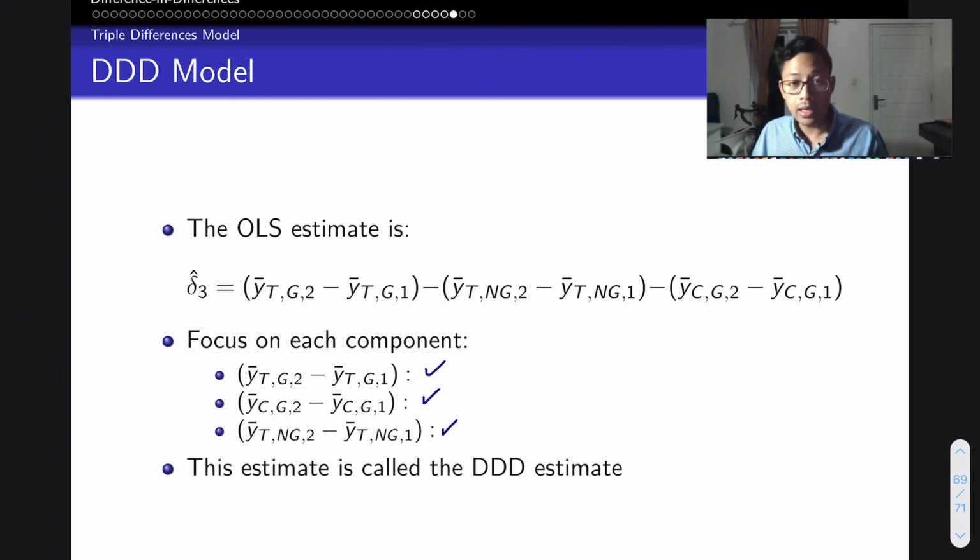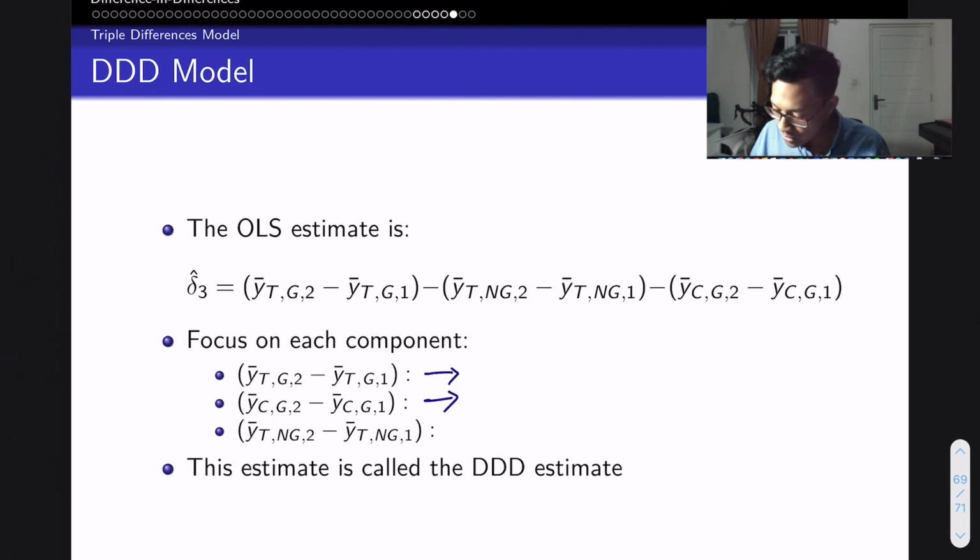The first component here cleans out unobserved characteristics within the poor subpopulation in the treated local government. The second component actually gets rid of the factors that do not change over time for the comparison group in the treated local government.